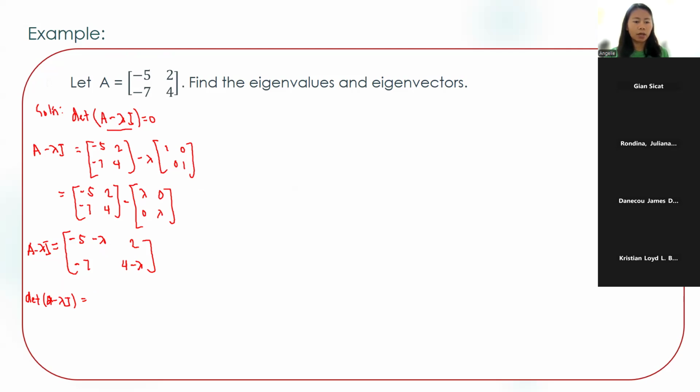So we have this times this, minus this times this. So we have negative 5 minus lambda times 4 minus lambda, minus 2 times negative 7. Right? Now, of course, we solve.